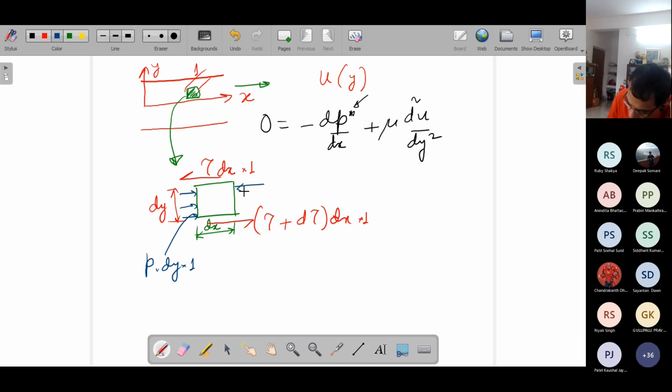And if this is P, this will be P plus dP into dy into 1. And dP is because of the change in x. Instead of P, we will call P star. It could include the piezometric effect, and which will bring all the symbols in line with what is written in this.